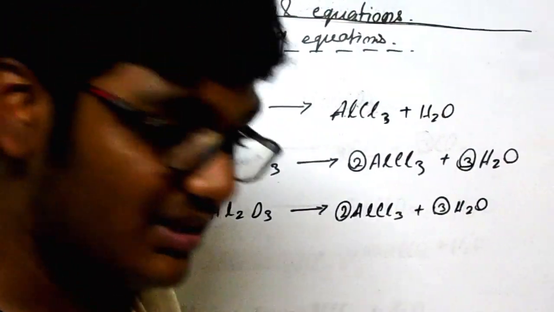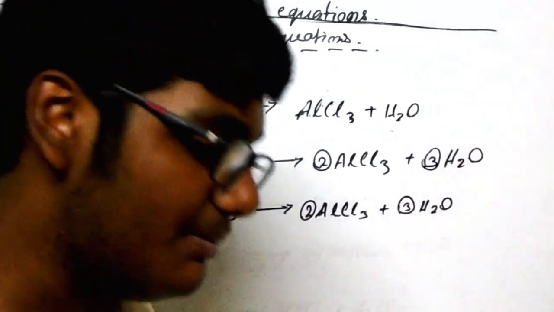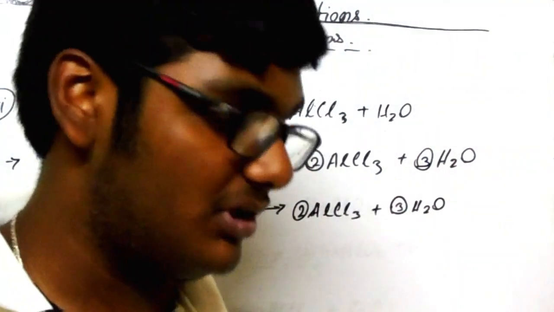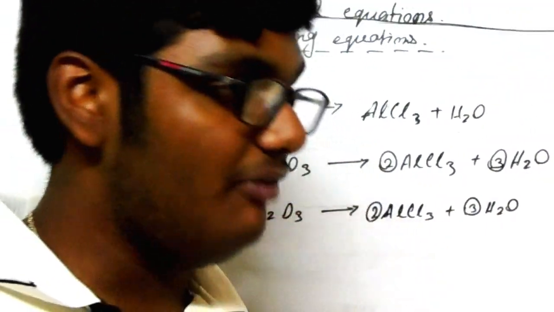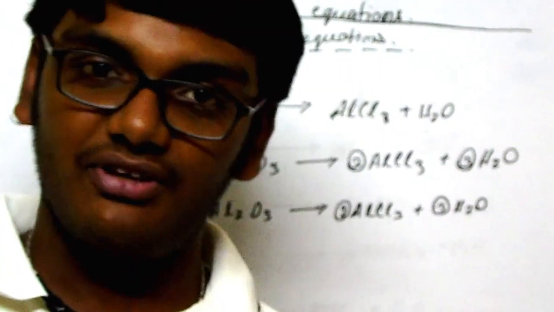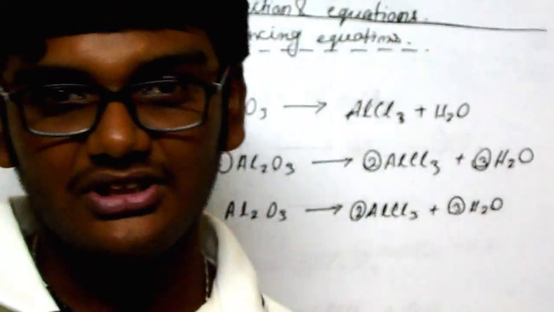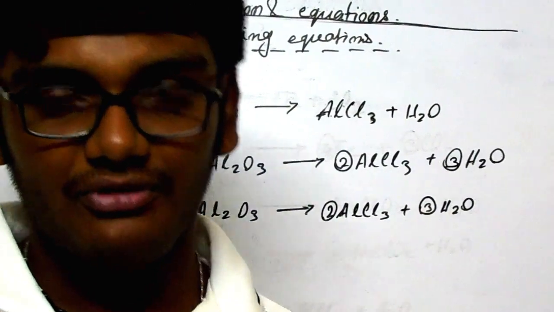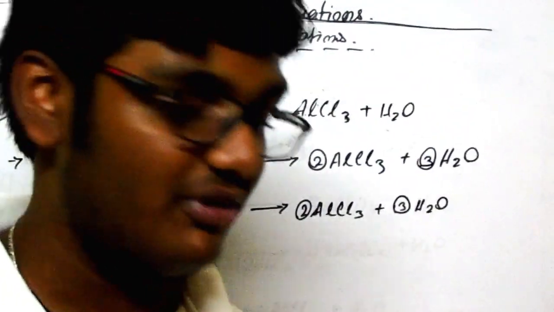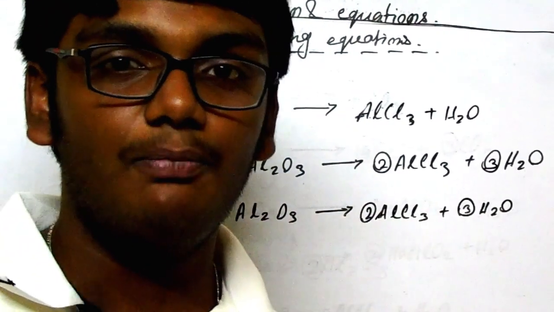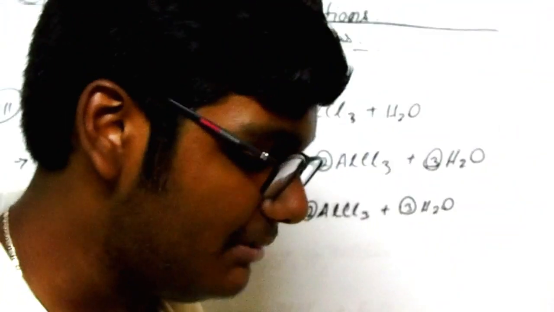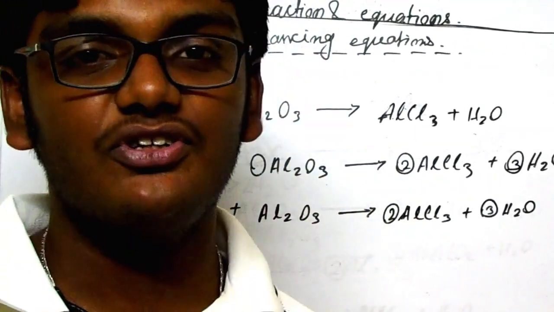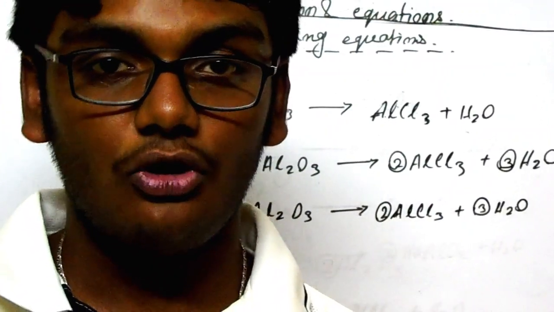You can practice, because in this first chapter of chemistry, chemical reactions and equations, you have to read the definitions. There are so many definitions in this chapter. Obviously you have to learn those definitions, and the thing you have to practice is balancing chemical equations. Balancing chemical equations is the only thing which you have to practice, not memorize.